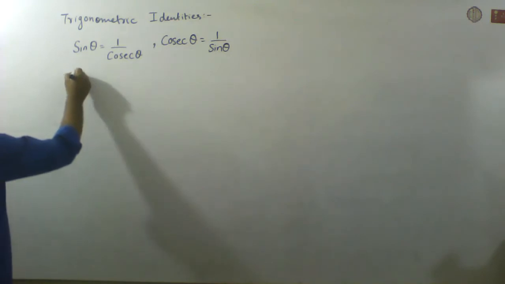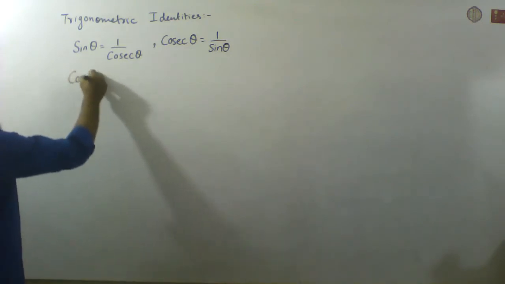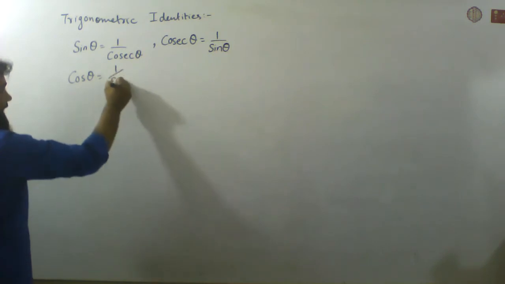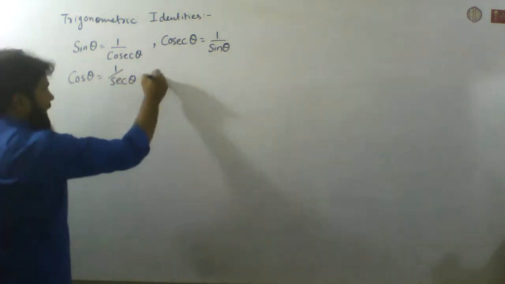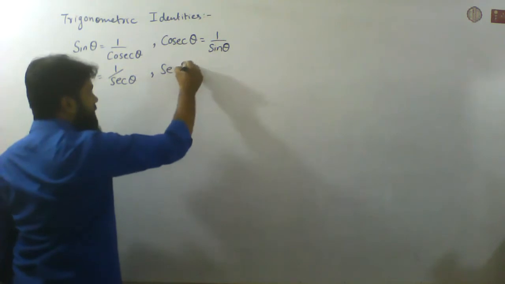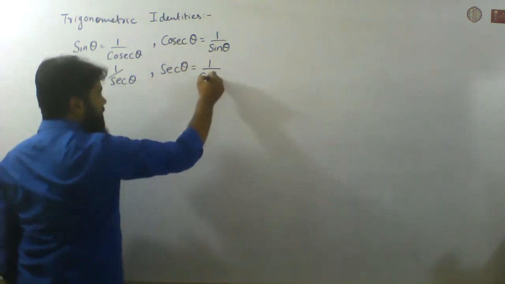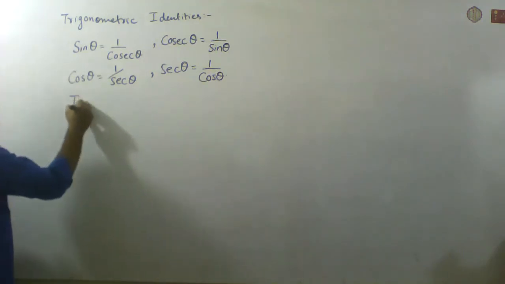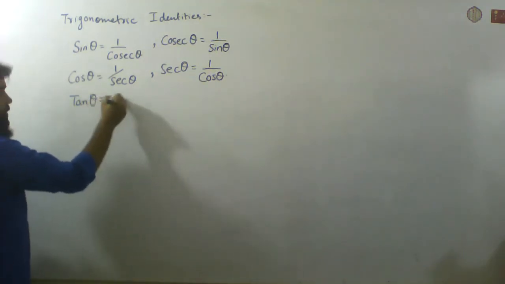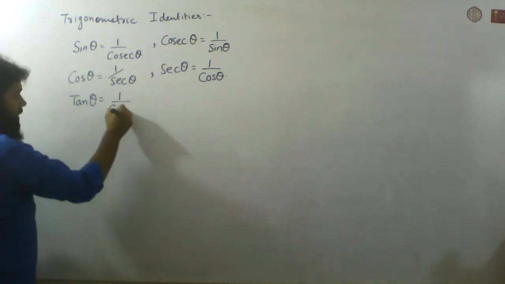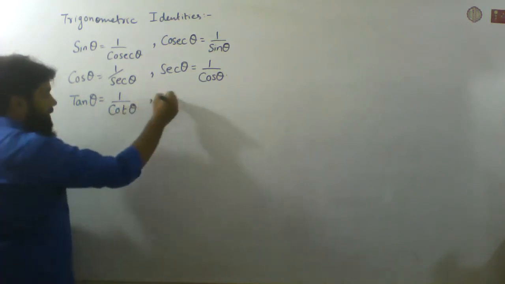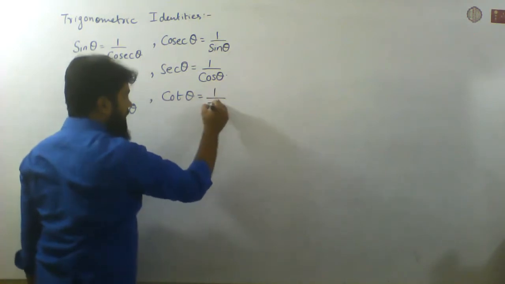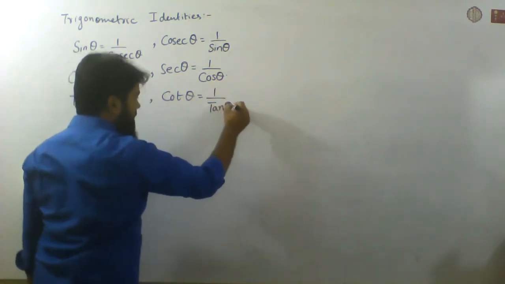In the same way, cos theta equals 1 over sec theta, and sec theta equals 1 over cos theta. Tan theta equals 1 over cot theta, and cot theta equals 1 over tan theta.